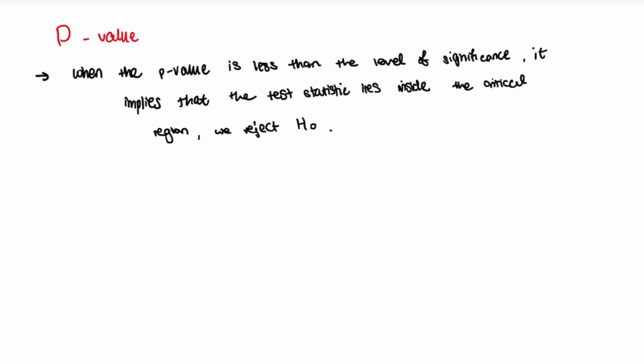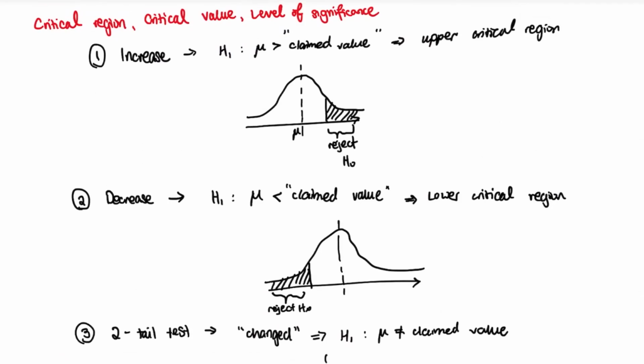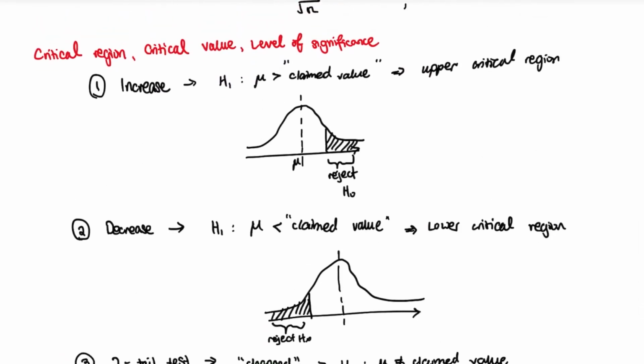If we look at the curves above, let's say we look at the first case, if our p-value is less than the level of significance, which is where this shaded part is, it basically means that this test statistic is lying inside this critical region. Our p-value, let's say, can be somewhere around here, where the green marker is.